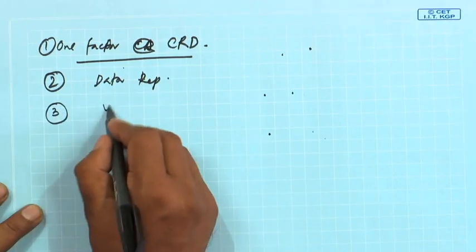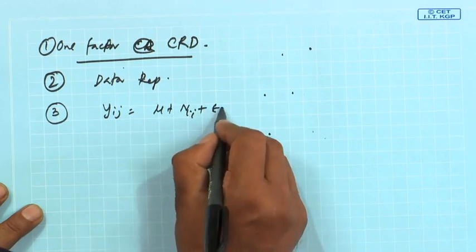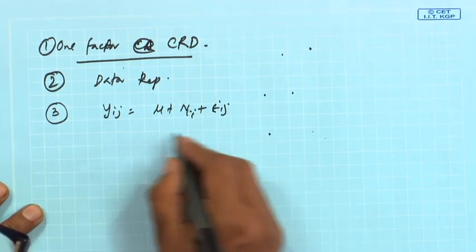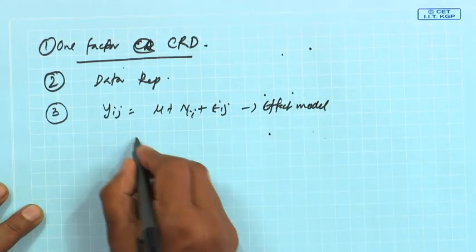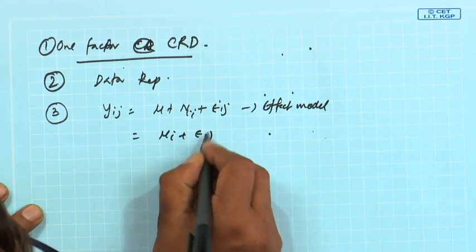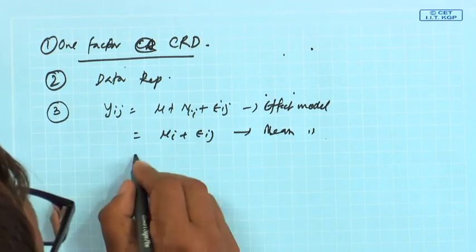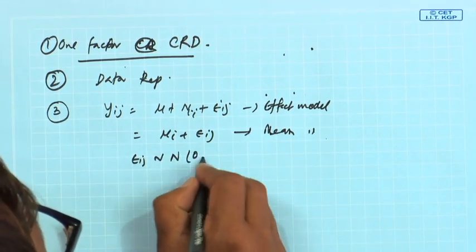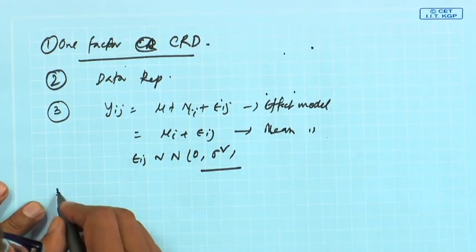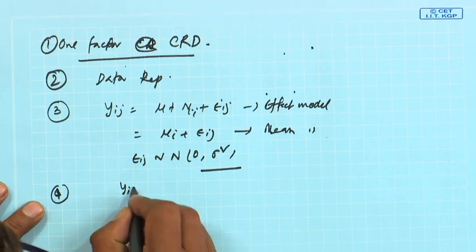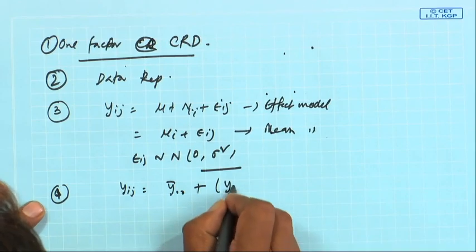Then we have seen the ANOVA model, the effect model. Or you can write this one as mu i plus epsilon ij. This is the mean model. And then we have said that this error is normally distributed with mean 0 and variance sigma square. And then we have seen how a general observation is partitioned into different components.